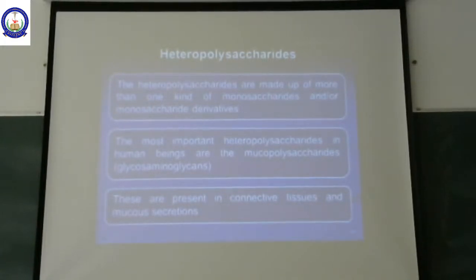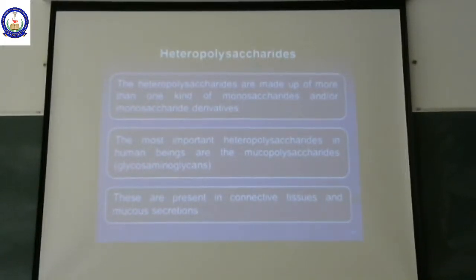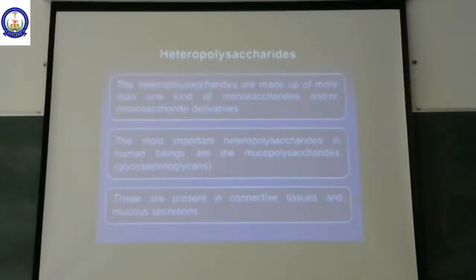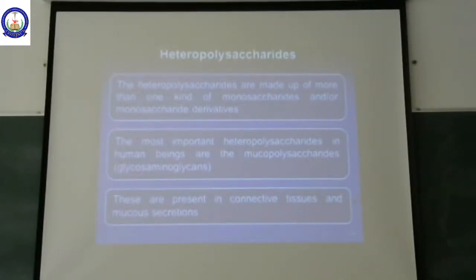In homopolysaccharides, on hydrolysis, the end product will be the same kind of molecule. But heteropolysaccharides are made up of more than one kind of monosaccharide or monosaccharide derivatives.